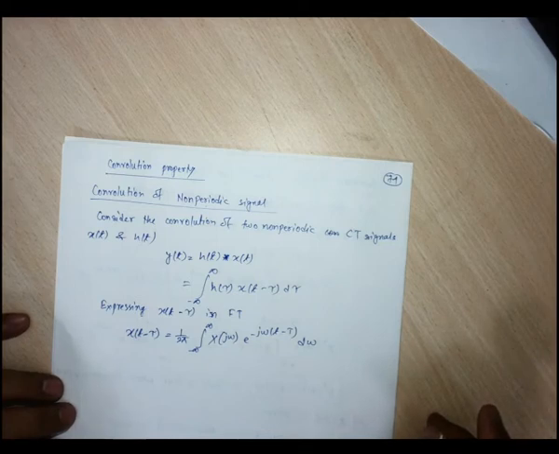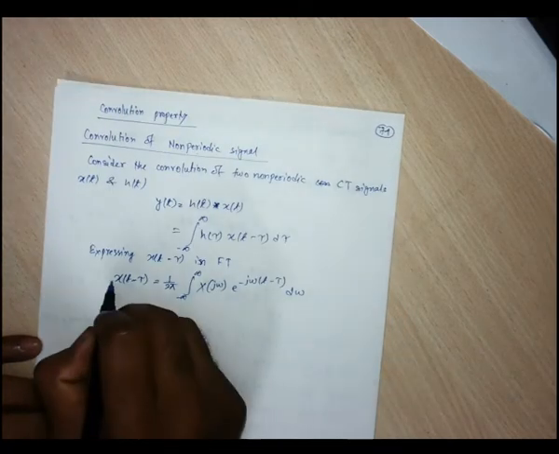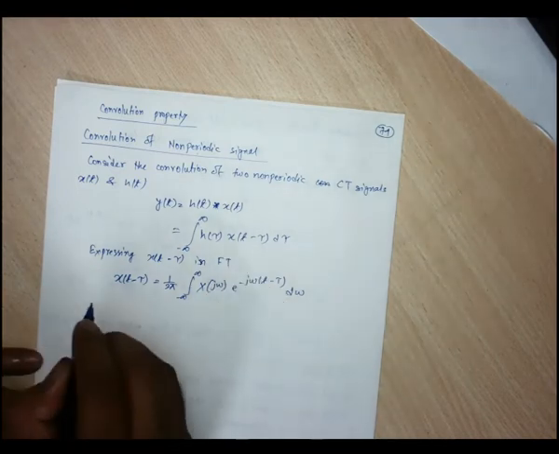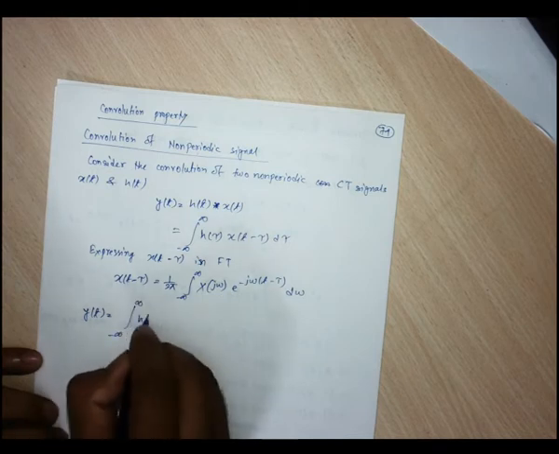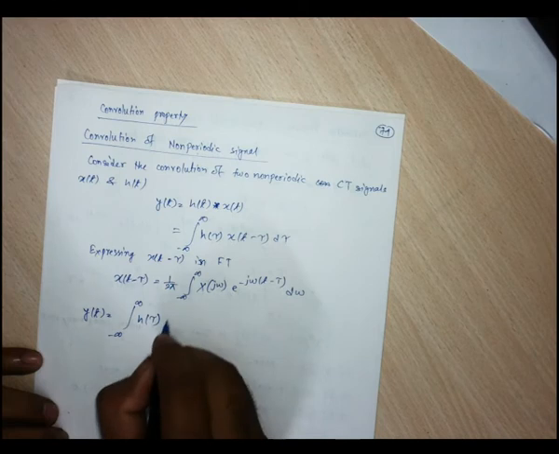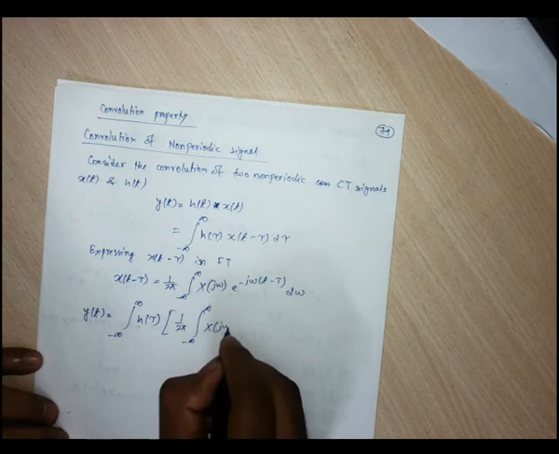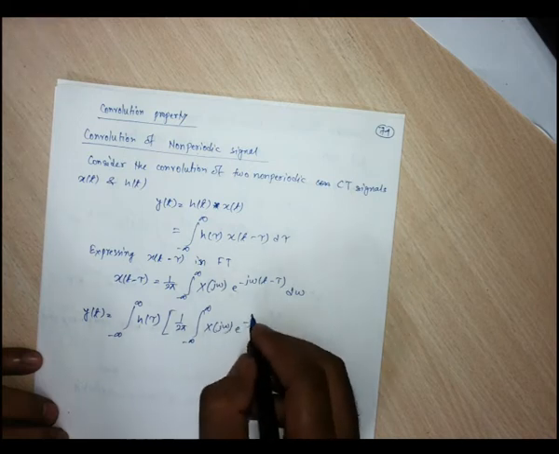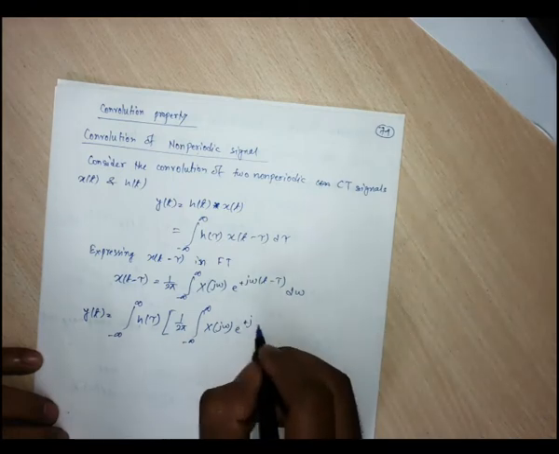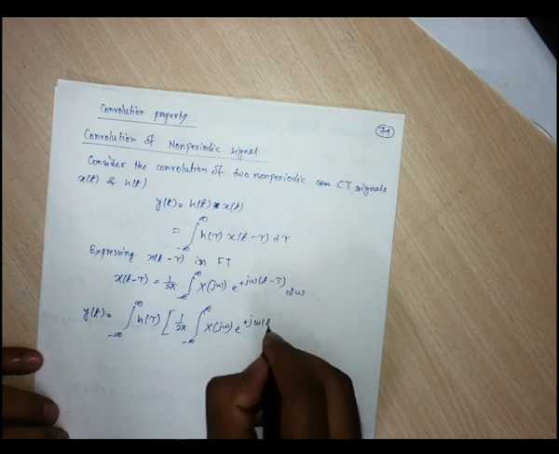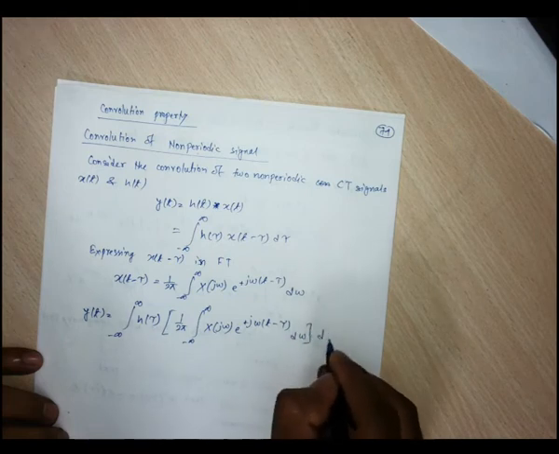In terms of its Fourier transform. Okay, so we use this value here, that is y of t is the integral from minus infinity to infinity of h of tau, then 1 by 2 pi integral of x of j omega e to the power, sorry, it is not minus, it is plus, since it is the inverse, j omega (t minus tau) d omega, and it is d tau.